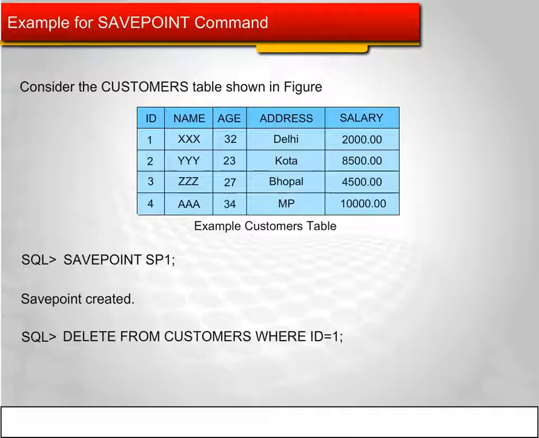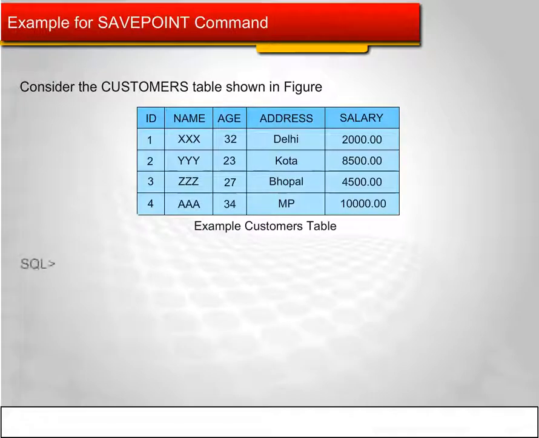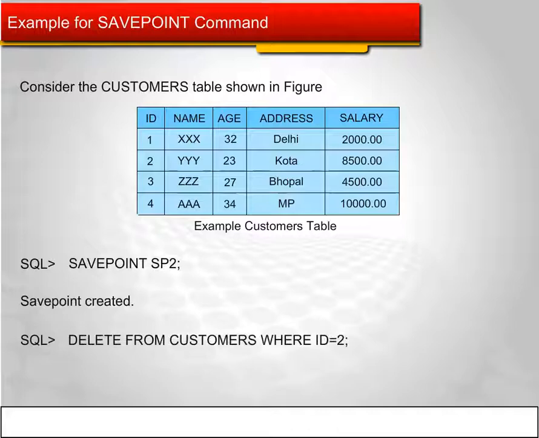DELETE FROM customers WHERE ID = 1. One row deleted. SAVEPOINT SP2. Savepoint created. DELETE FROM customers WHERE ID = 2. One row deleted.